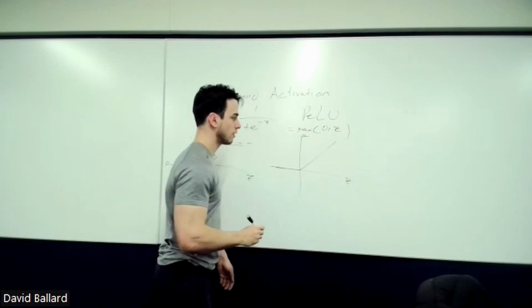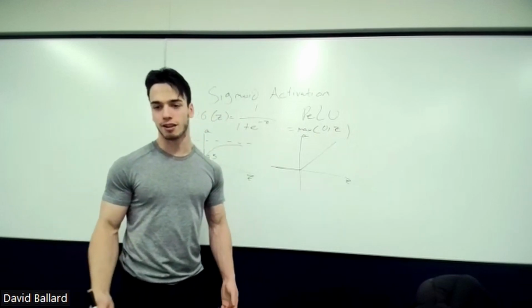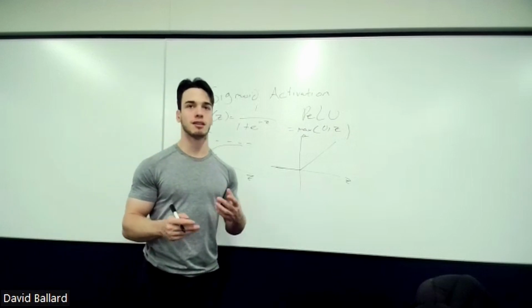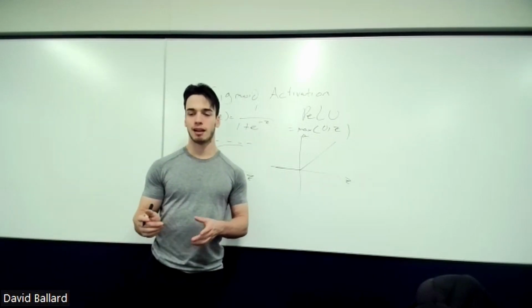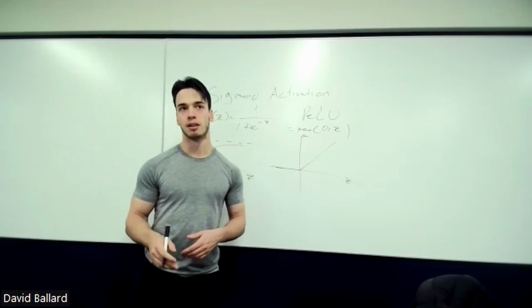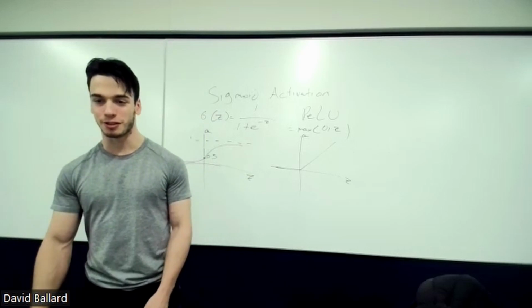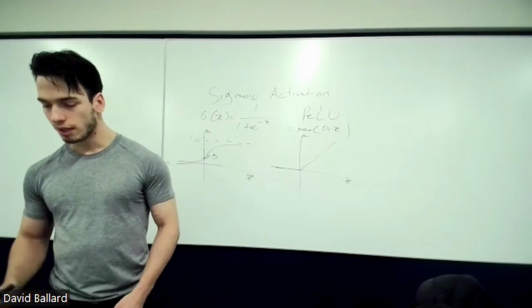Okay, so this is another example of an activation function. It depends on the type of problem you're tackling. You want to design your network to have a certain activation function if you're coding your own network from scratch. So that's another example.